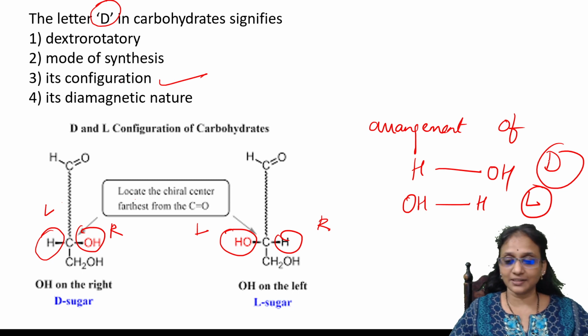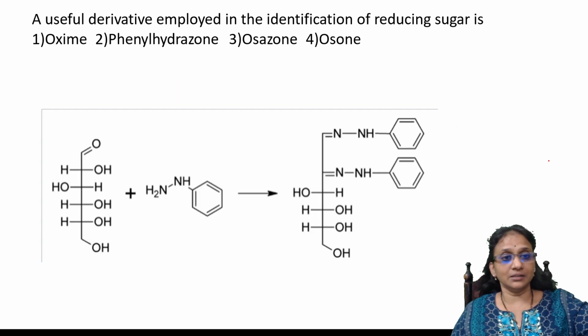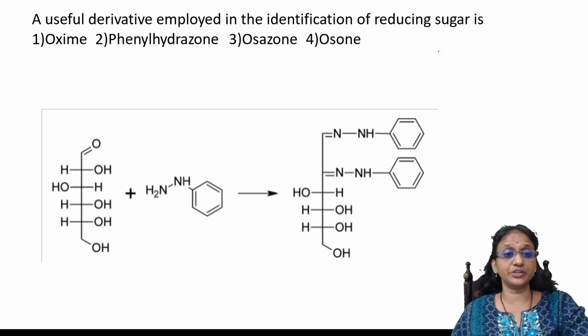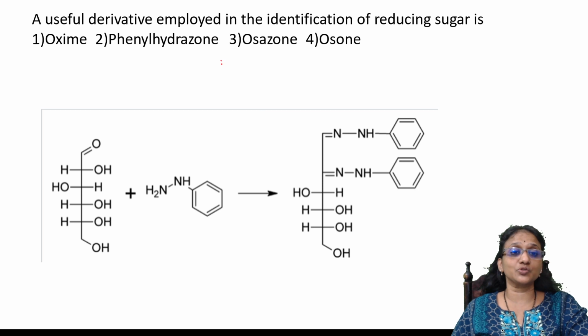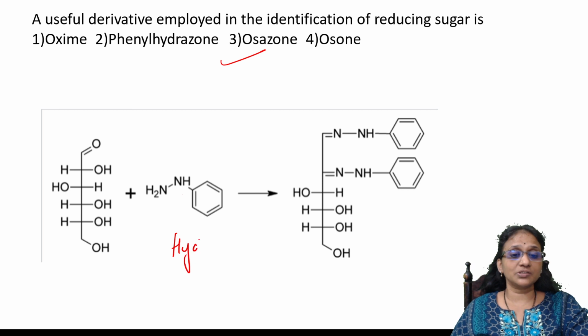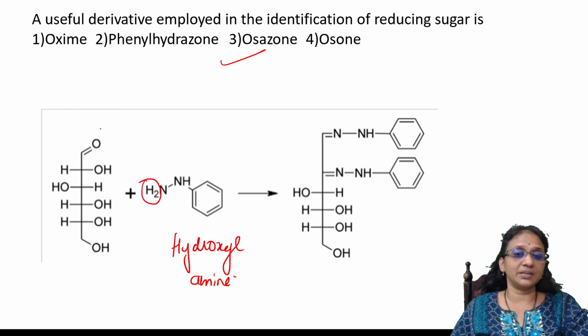Okay. Next question. The useful derivative employed in the identification of reducing sugar is what? That's nothing but osazone. What is this? See here. When your glucose molecule or your fructose molecule reacts with hydroxylamine, the water molecule is eliminated.